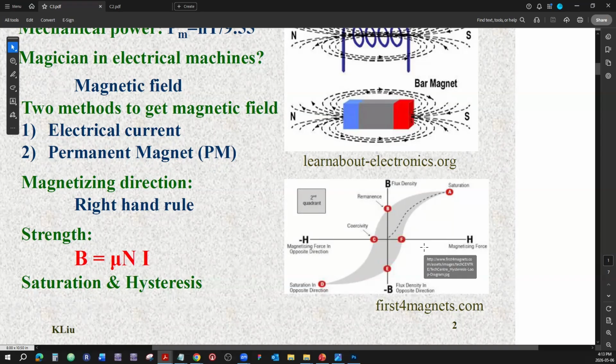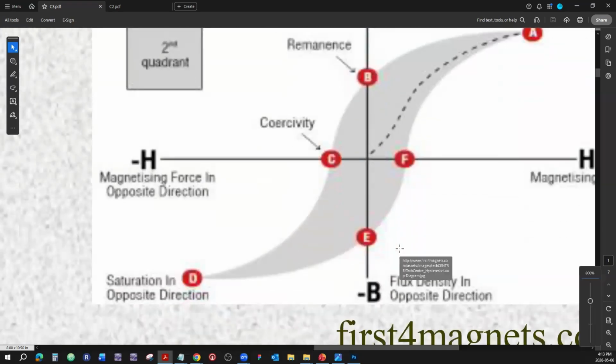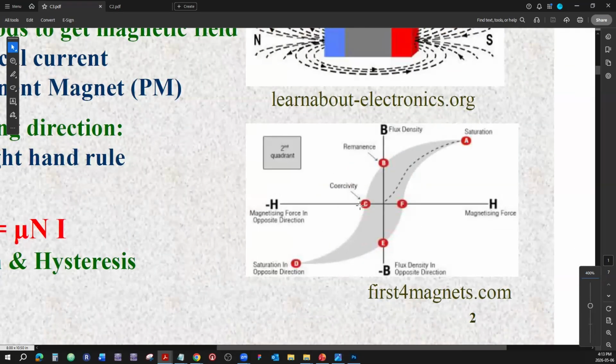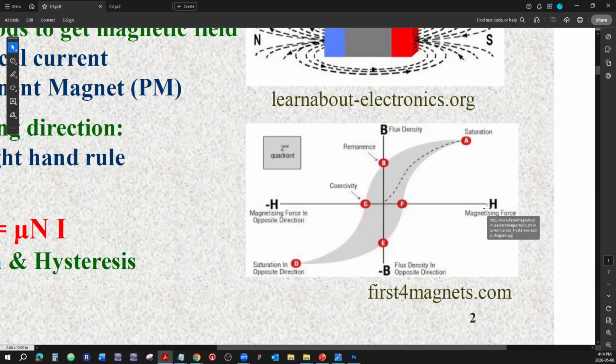However, it doesn't happen that way. With different permeability factors, those are going to have a little bit more or less residue of magnetization. All right, so this is x-axis and y-axis, and this is not like the time continuum that goes from left to right. You can treat it as oscillating from left to right, like that.